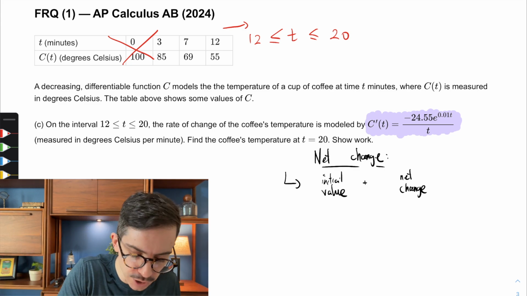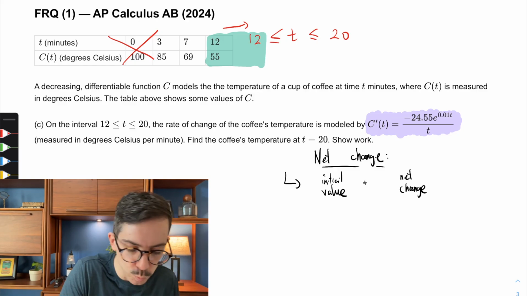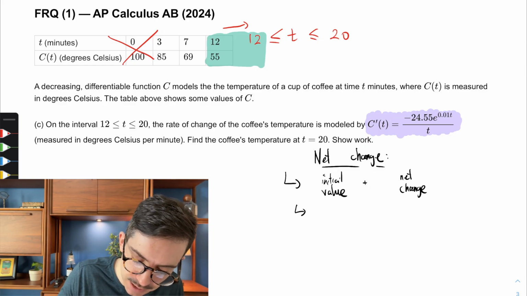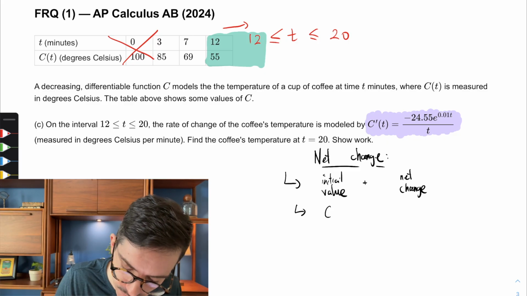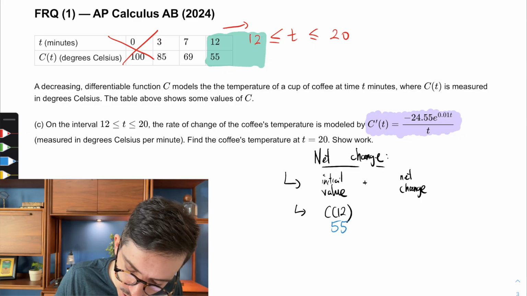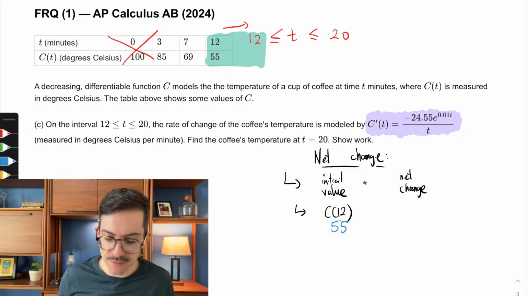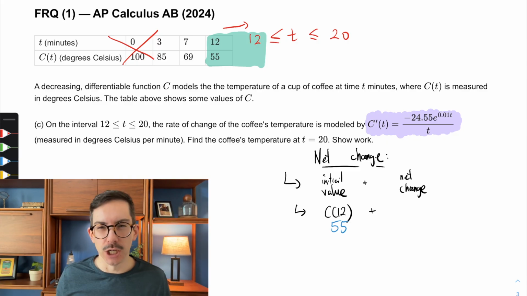So the initial value is that last data point I observed in the table. That is just going to be the temperature that I know I measured at t equals 12. So C of 12, which is just 55. And then I need to add on the net change.